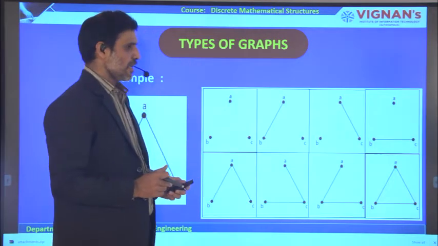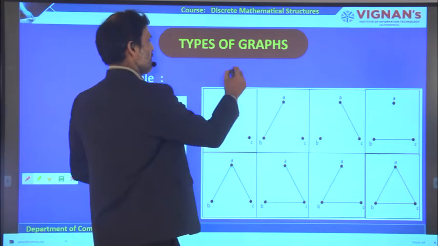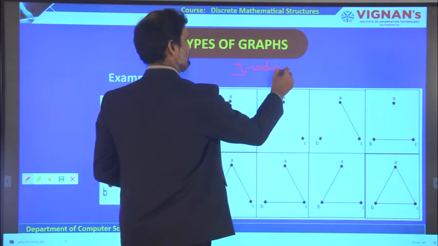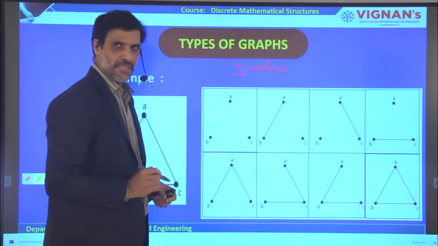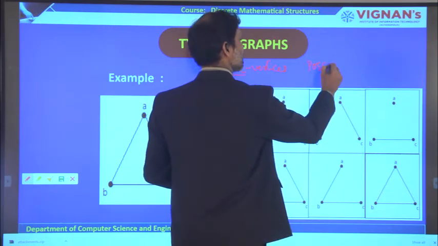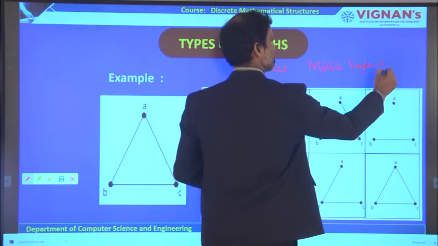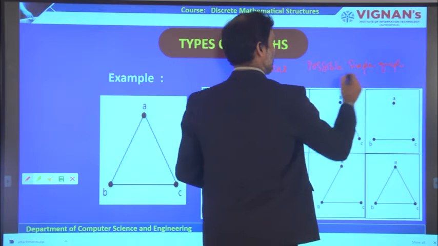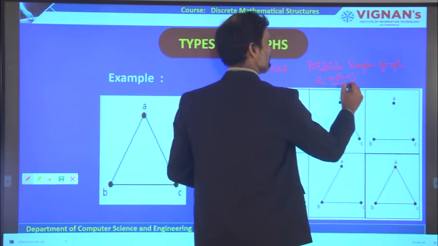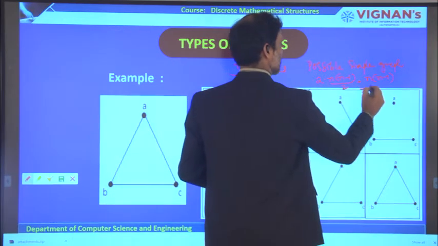As we discussed already just now, another important property is, if the graph consists of n number of vertices, then the number of possible simple graphs we can get from these n vertices is 2 to the power of n(n-1)/2, which is equal to what?